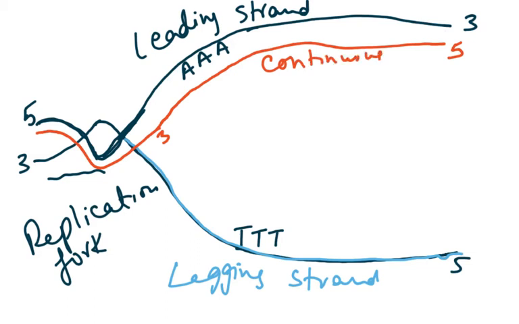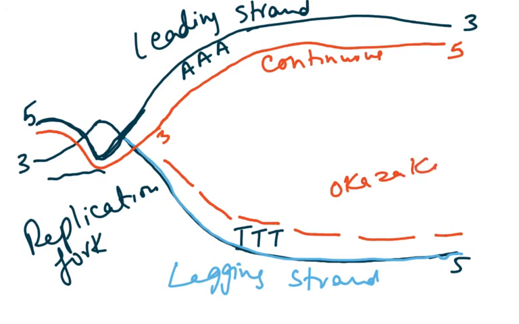But we have a problem with the lagging strand. The lagging strand is copied discontinuously. So it's going to be copied in little bits, and these fragments have a special name: they are called Okazaki fragments, these little pieces of DNA.